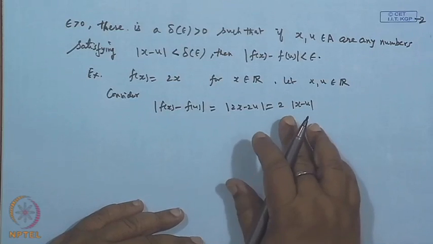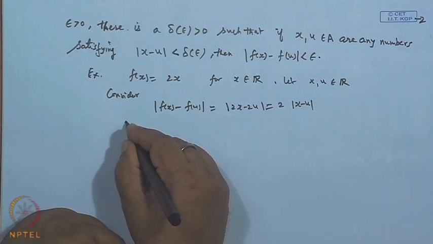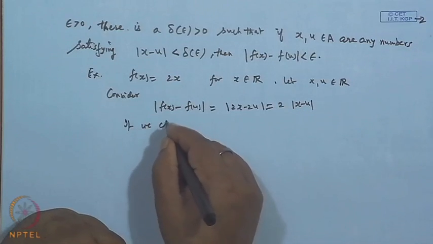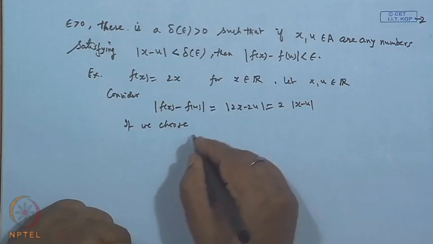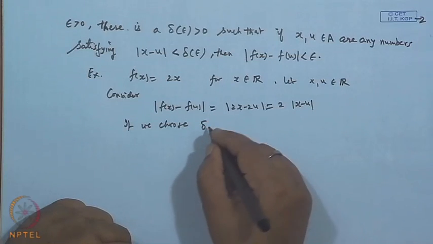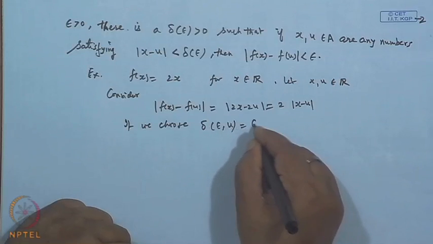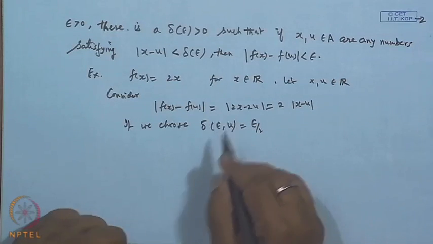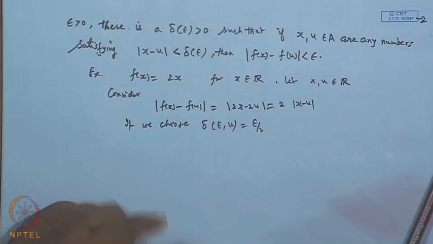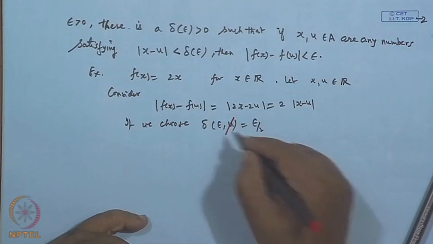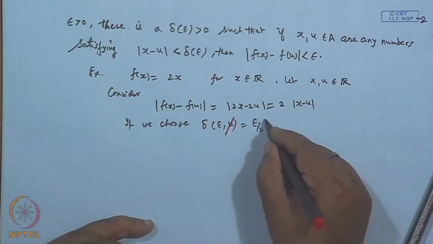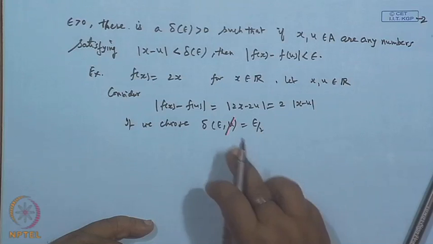So, if we choose delta, which depends on epsilon and u, as epsilon by 2, obviously this delta is independent of u, because we are taking delta to be epsilon by 2, whatever u may be.